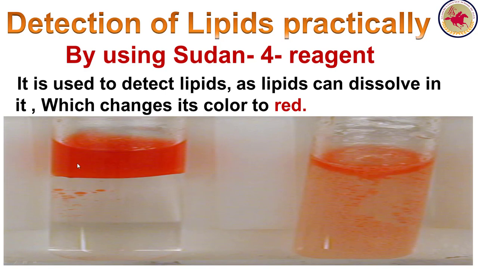First, oil separates from water in the upper layer, so the Sudan IV reagent will detect the oil, which is located on the surface of the water. So only the upper layer will turn to red. This is after shaking, it will distribute all over the water, then it will separate later.